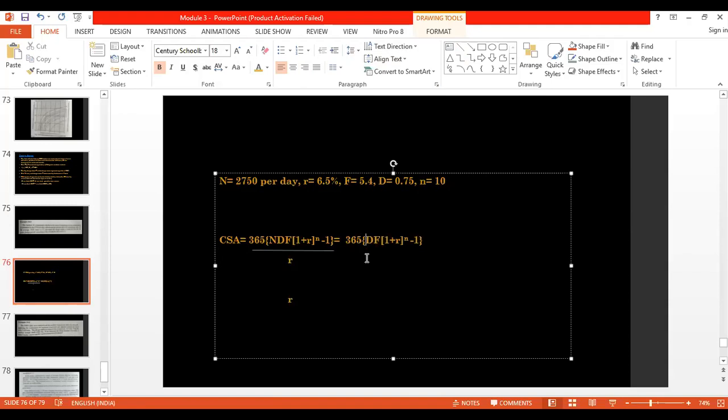N means 2750 into 0.75 into F, which is 5.4. 1 plus the R value, 0.065, to the power of n, which is 10, minus 1, divided by 0.065.